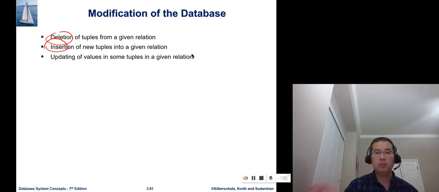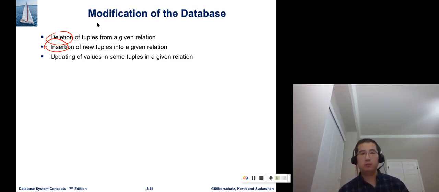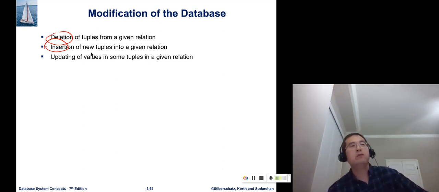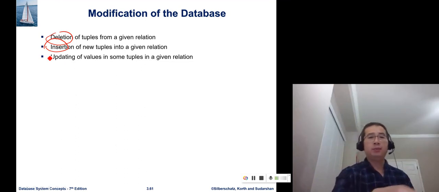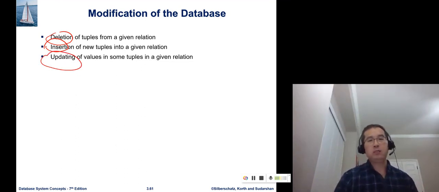We may not just insert one by one. For example, you can prepare data in a text file or CSV, and then insert multiple tuples based on a loop. So delete, update, insert. Let's look at them one by one.